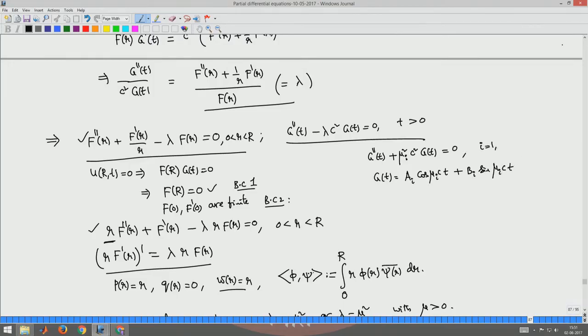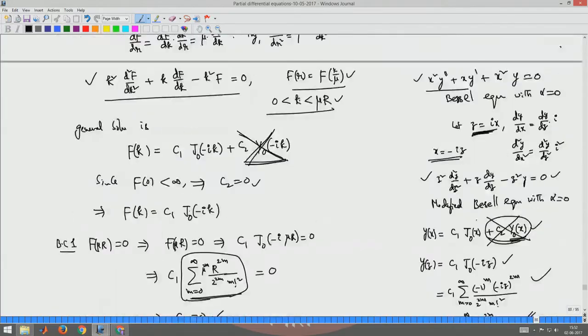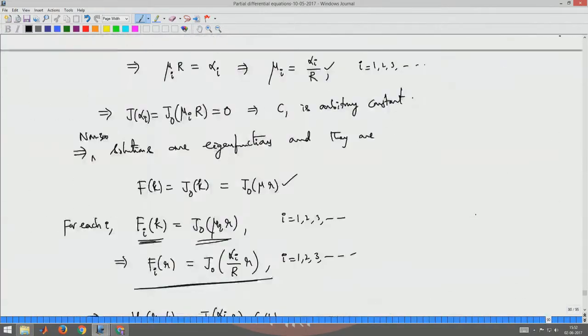Okay, I is running from 1 to 3 onwards. Because g of t, I am denoting also, g is depending on I. So, g I is actually this, for each I from 1 to 3 onwards. So, you know what is your g I of t and f I of t. So, go back and put it here.